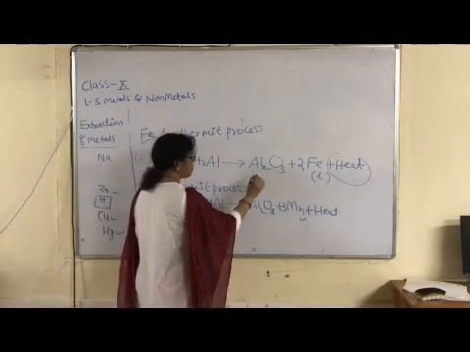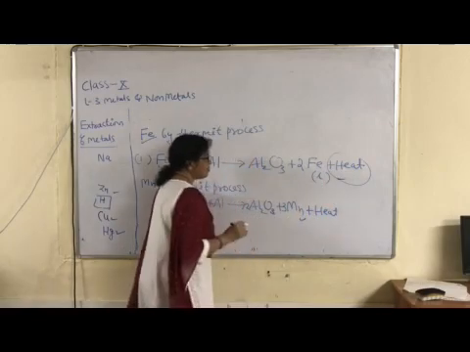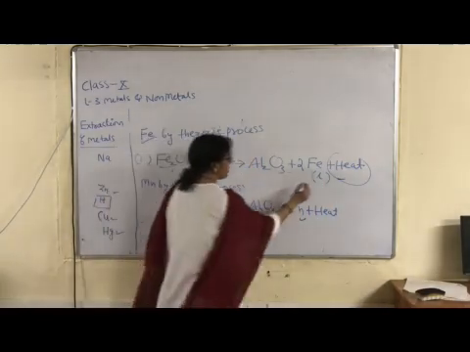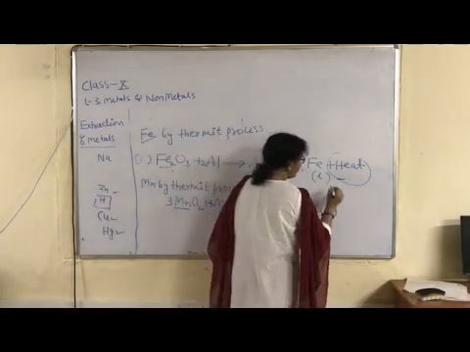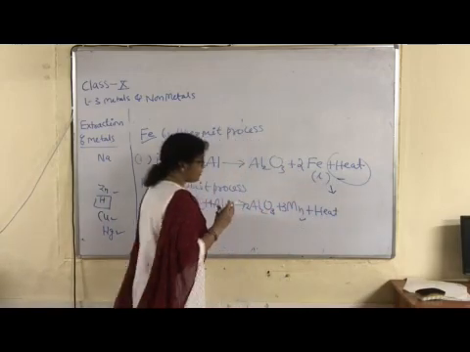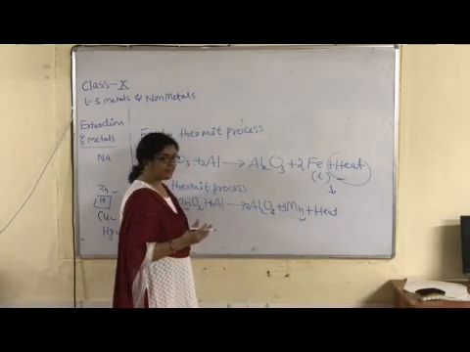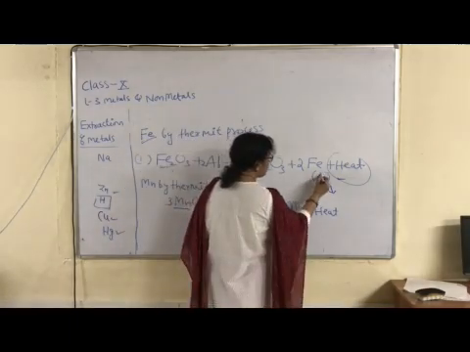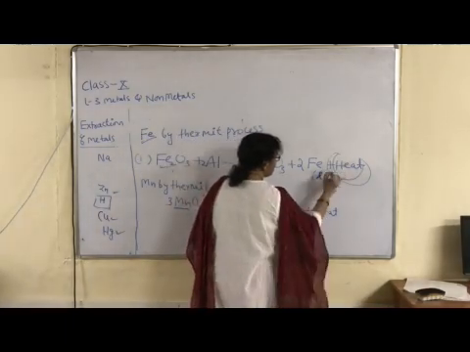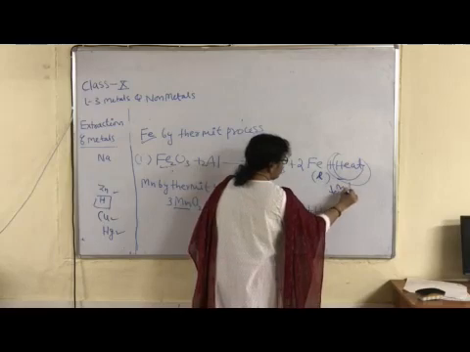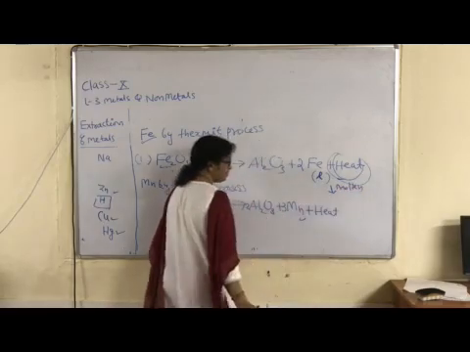What is the importance of this Thermit process? First one, this iron is obtained in liquid state, which is used to join railway track or any cracking in the railway track. Reaction is highly exothermic. This is molten state of iron.